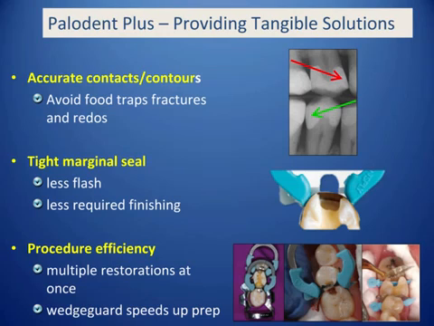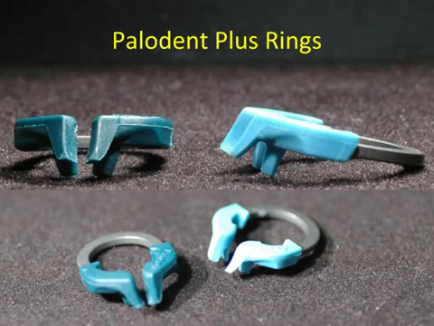Our Palodent rings, you may notice by the design of these, really at the base of the rings, we have the most curvature. This is the area that the rings are designed most to make contact with the tooth. That makes these rings exceptionally stable, even when we're missing a cusp, and I'll show you a slide on that in a moment. Another design feature you see is kind of this V-shaped indent here.